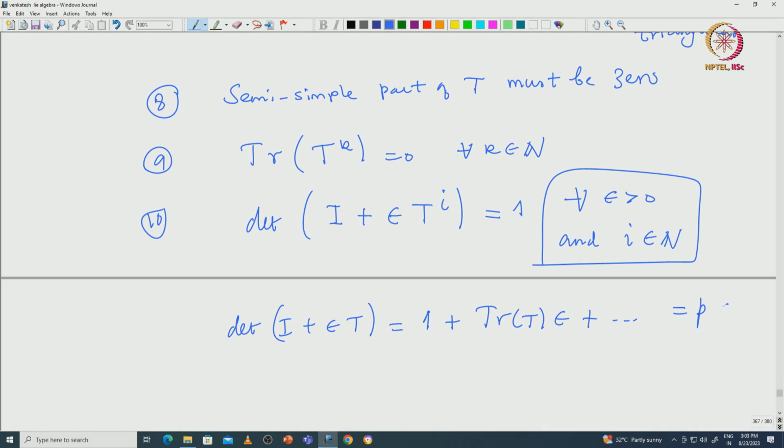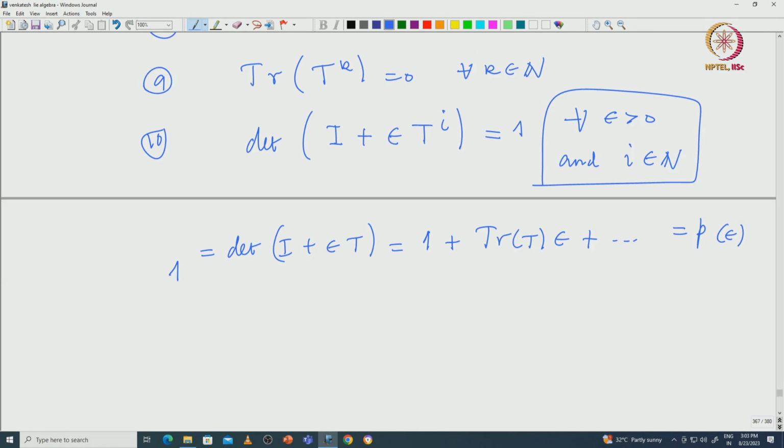Now if it is 1, you can see that trace T must be 0. That makes trace of T to the power i equal to 0 using the given condition. That is why we need this to be true for some smaller positive neighborhood of epsilon, that is enough. But anyway, I have written it for any epsilon.